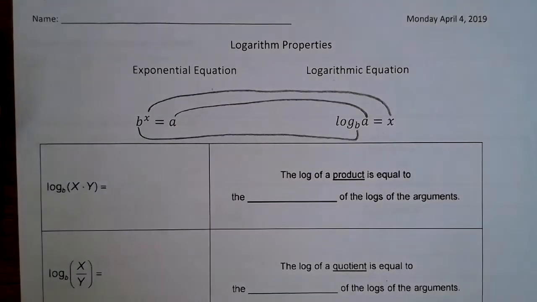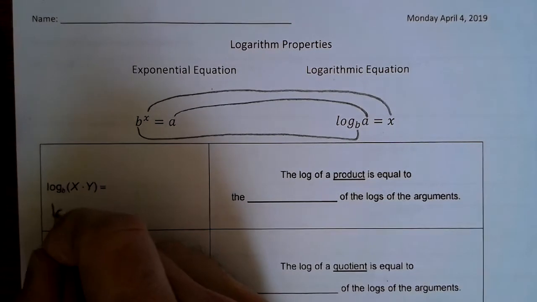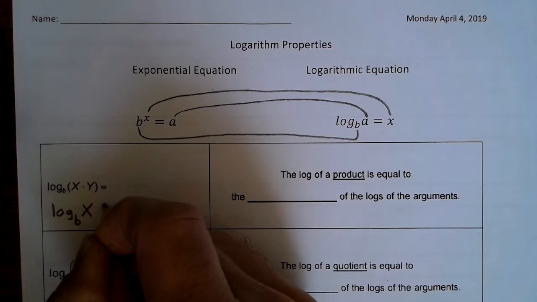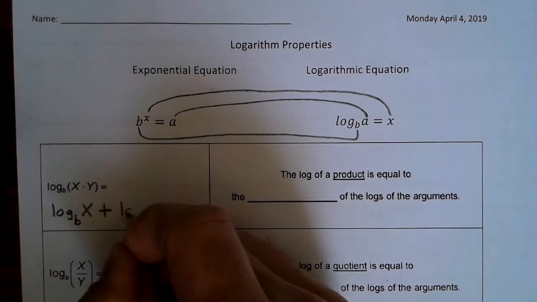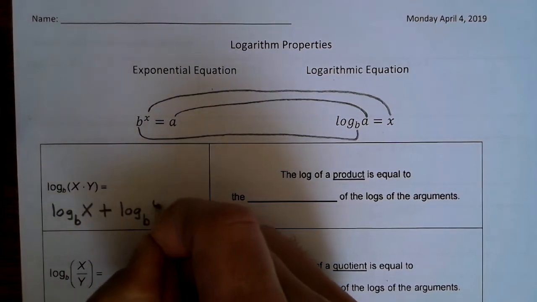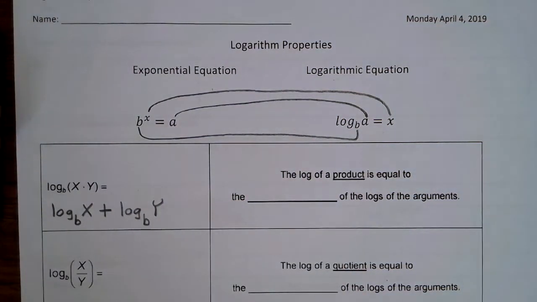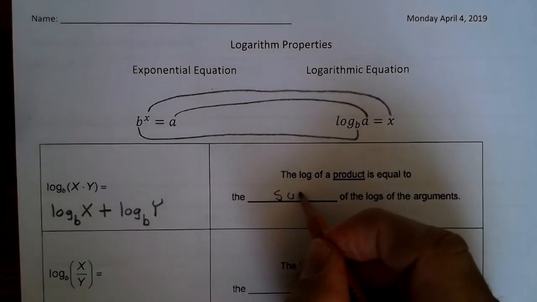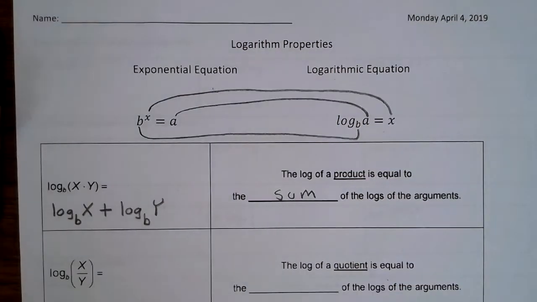Now, log base b of x times y is equivalent to log base b of x plus log base b of y. The log of a product is equal to the sum of the logs of the arguments.